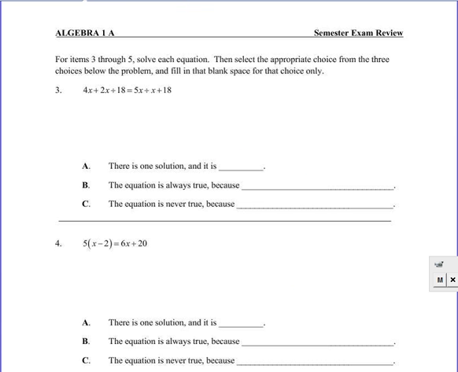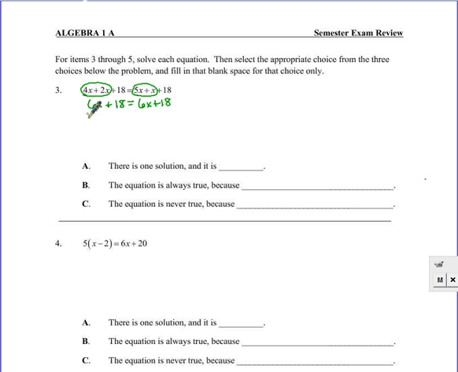Number 3. For items 3 through 5, solve each equation and select the appropriate choice from the 3 choices below the problem and fill in the blank space for that choice only. So first problem, I see I have x's on both sides, so I'm going to combine them first. So 4 plus 2 is 6, so I have 6x plus 18 equals 5x plus x is 6x plus 18.